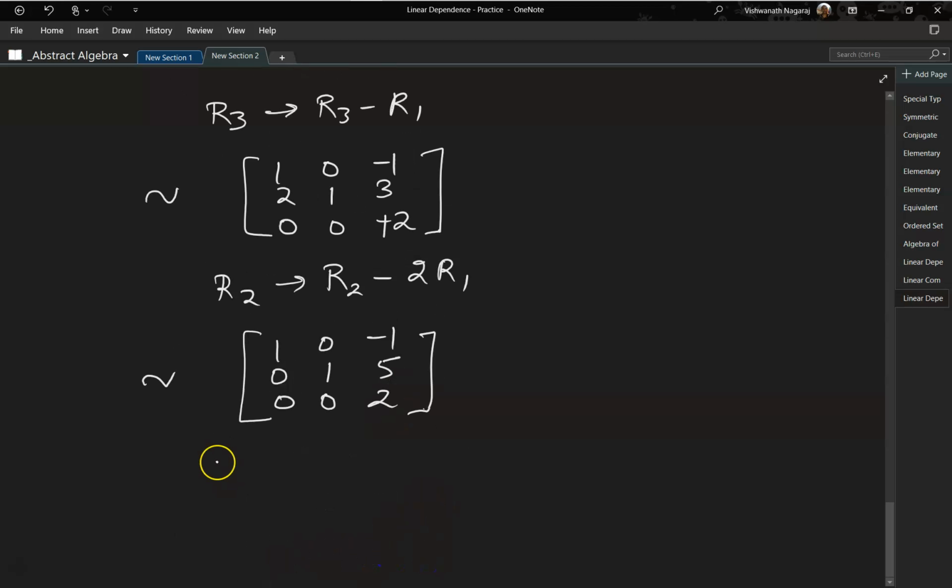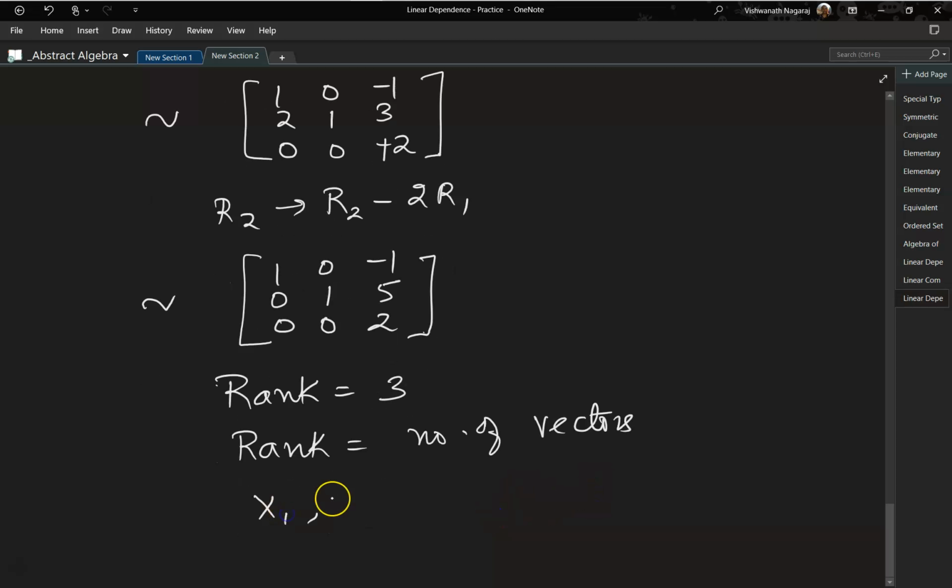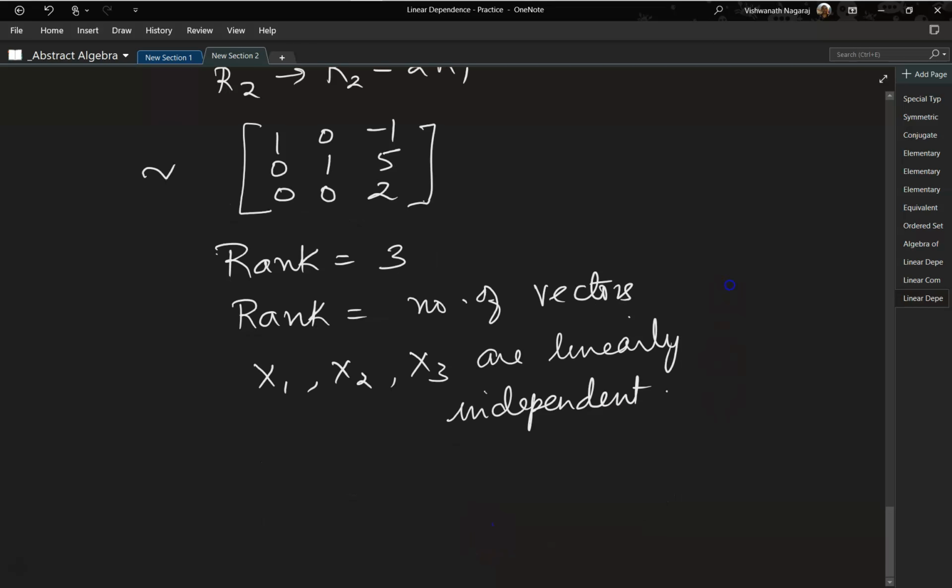So here rank is equal to 3, and since rank is equal to the number of vectors, x1, x2, x3 are linearly independent. So that's it.